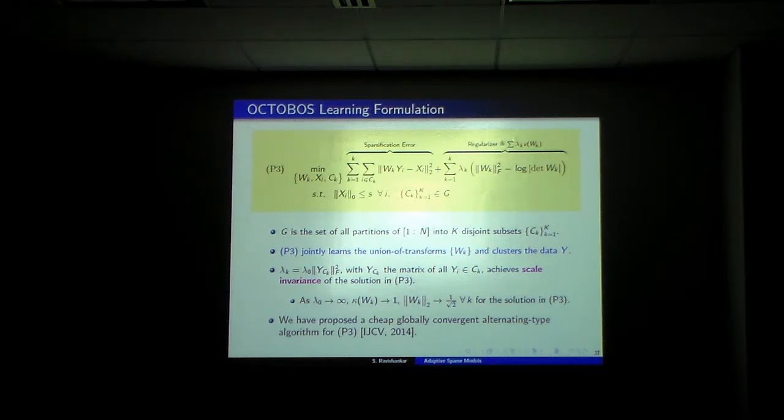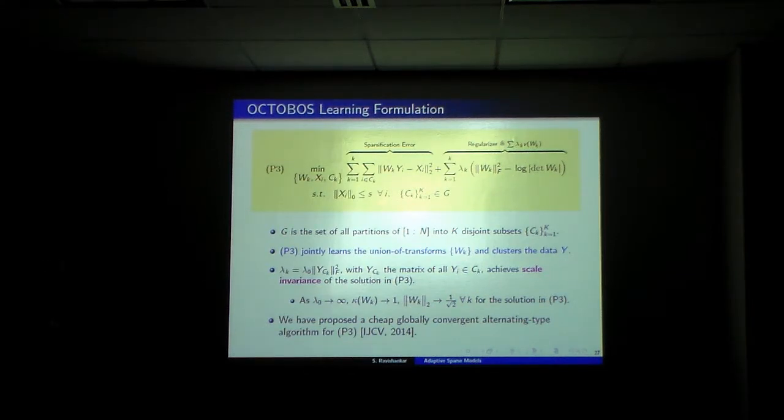The constraint here involves a sparse code constraint, which constrains the sparsity of the sparse codes. You also have the constraint that the set of C_k's belongs to this set G, which is the set of all partitions of 1 to n, where n is the number of training signals, into K disjoint subsets.